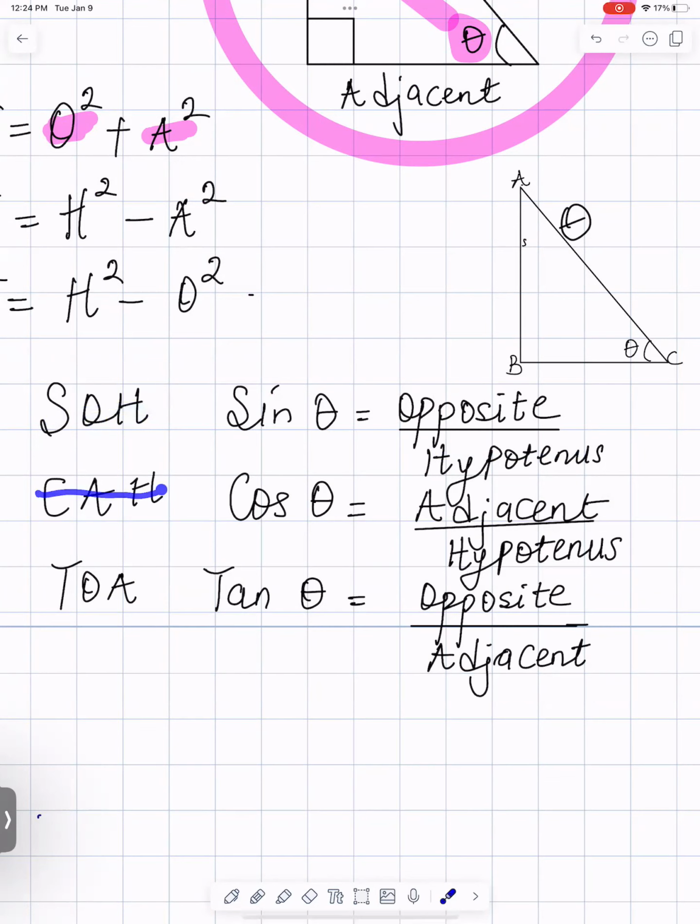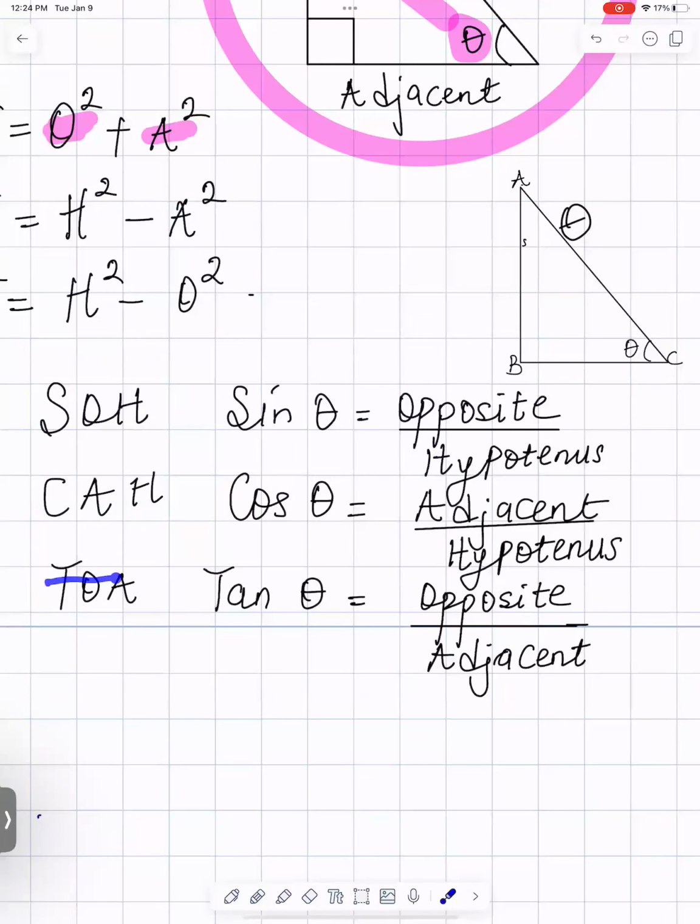Then for CAH, C is cos theta. Then our A is the adjacent of the angle. Then the H is the hypotenuse of your triangle. So that is cos theta.